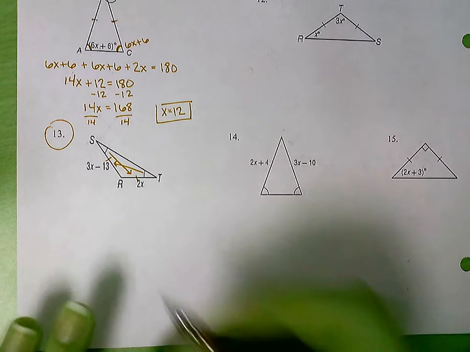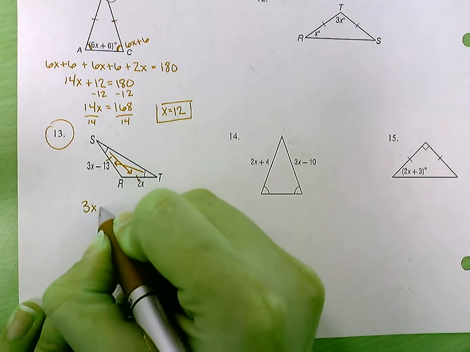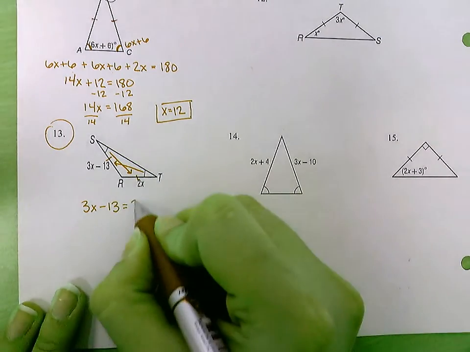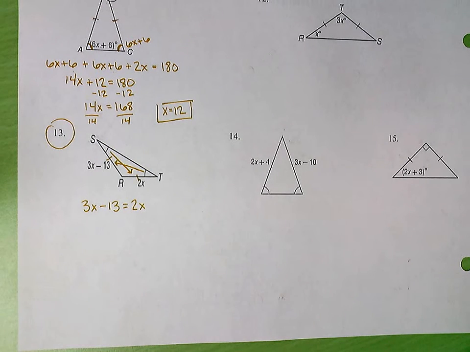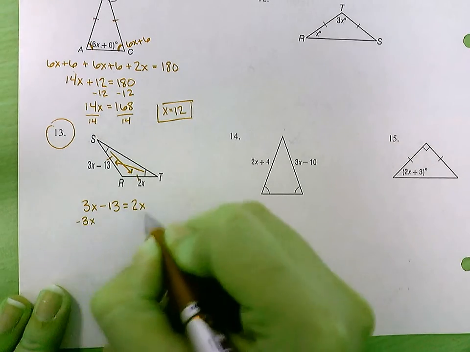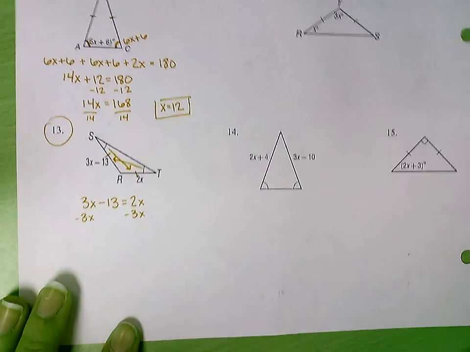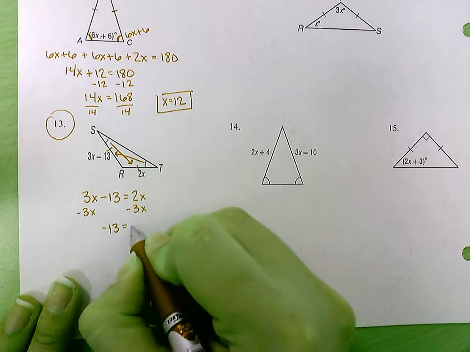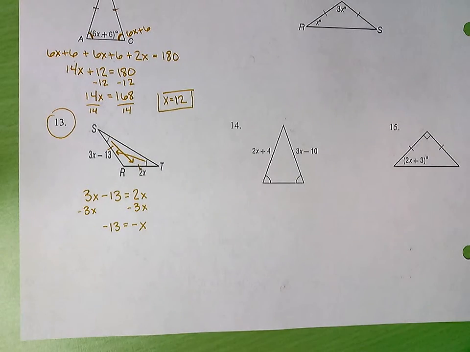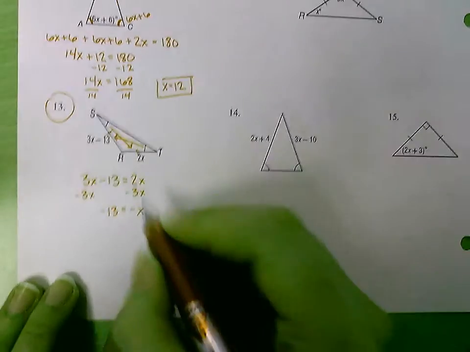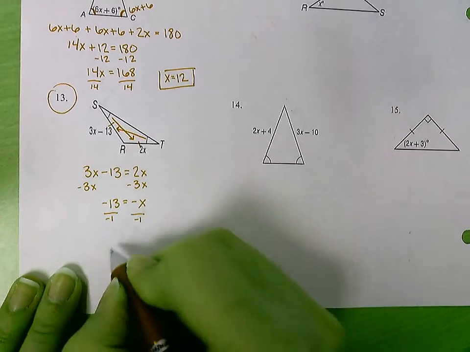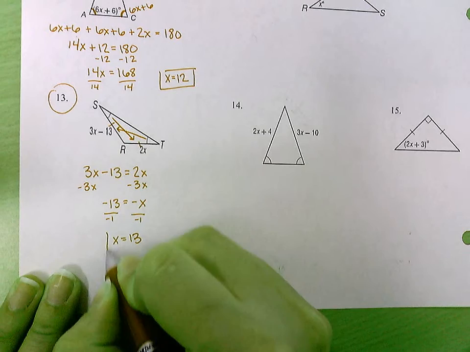So I can set side SR, which is 3x minus 13, equal to side RT, which is 2x. I want to combine like terms, so I'm going to subtract 3x from both sides. That means I have this negative 13 equal to this negative x. When that happens, you need to divide both sides by negative 1. So x should be equal to 13.